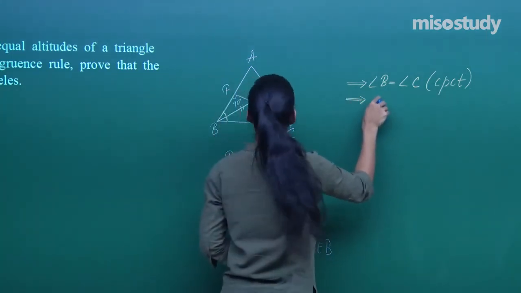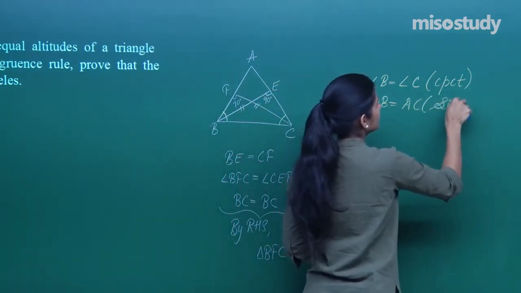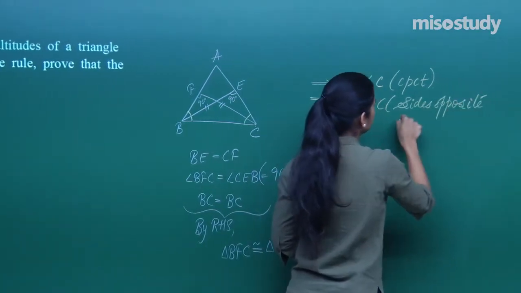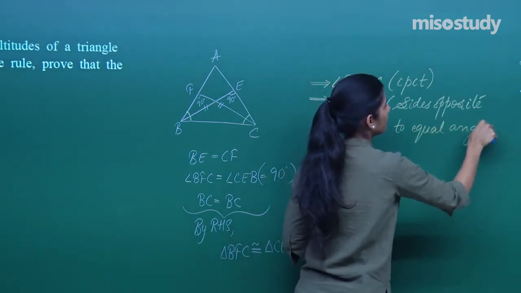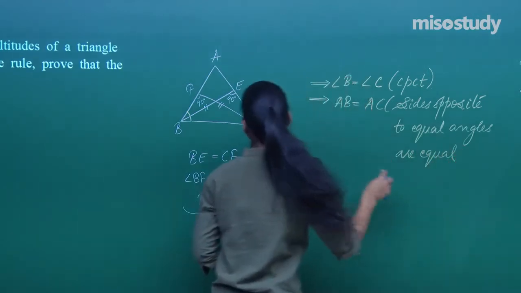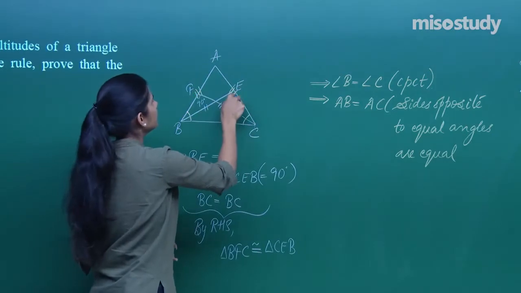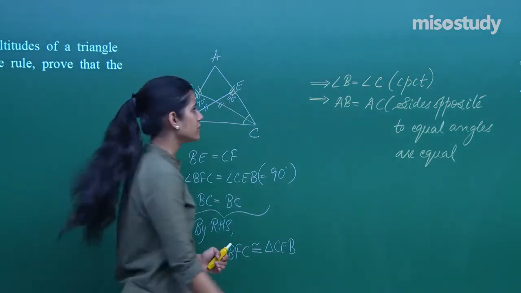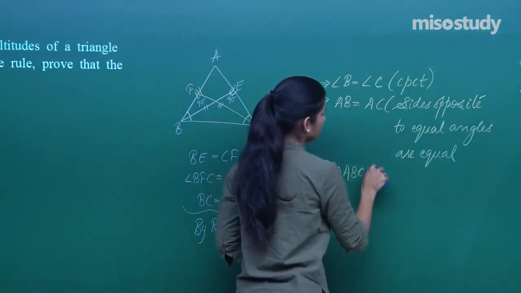So this implies AB is equal to AC, since sides opposite to equal angles are equal. And the moment I have AB equal to AC, I have got two sides of this triangle same, and therefore this triangle is isosceles. Okay?